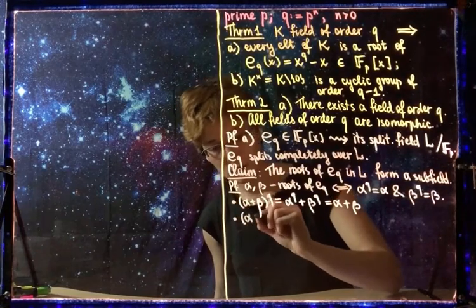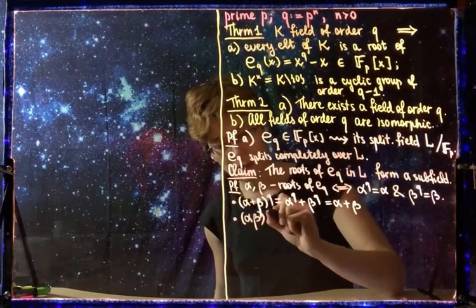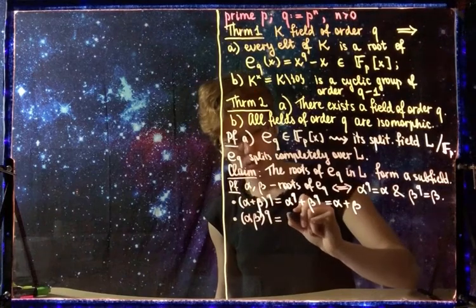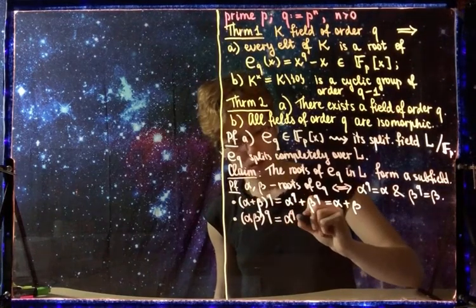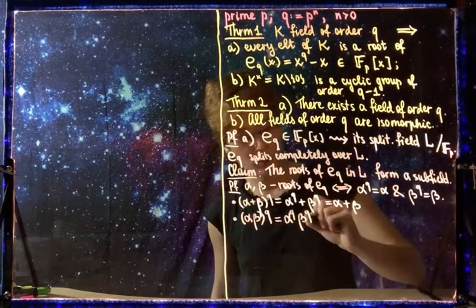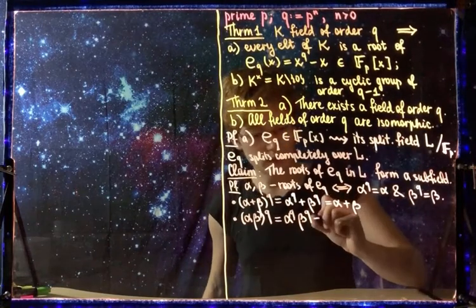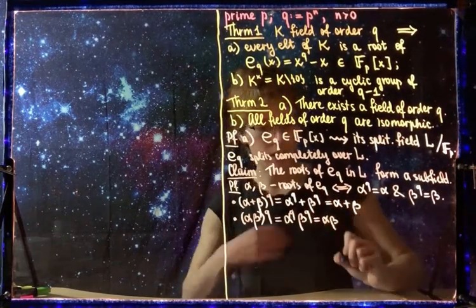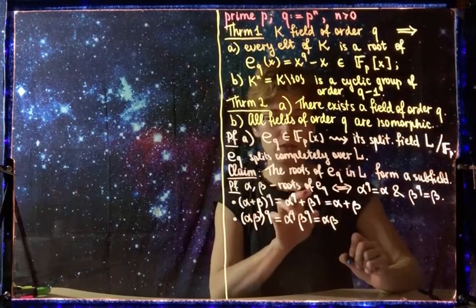And similarly, alpha times beta to the power q is equal to alpha to the power q times beta to the power q. And from these equations, I get that this is equal to alpha beta. So the product of two roots is also a root.